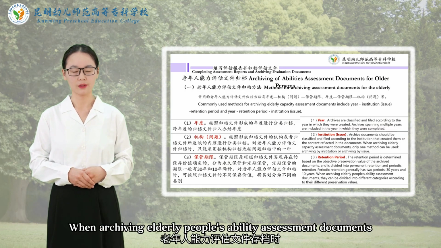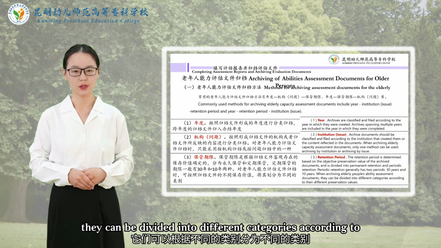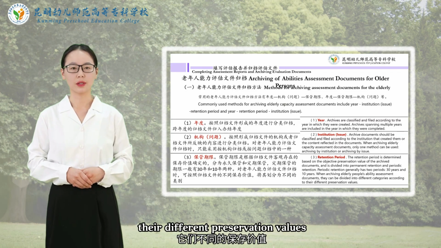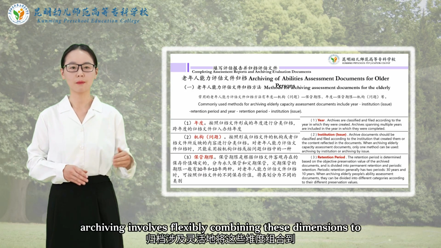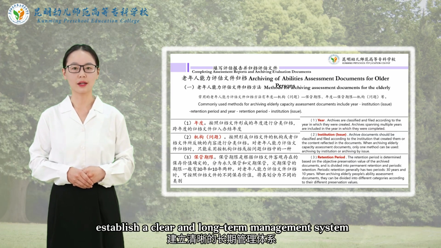When archiving elderly people's ability assessment documents, they can be divided into different categories according to their different preservation values. Therefore, archiving involves flexibly combining these dimensions to establish a clear and long-term management system.